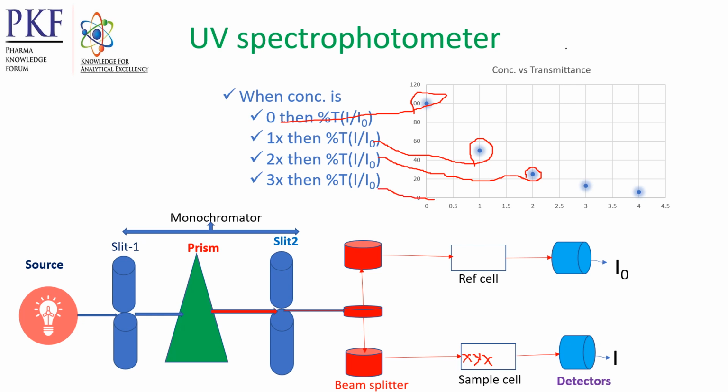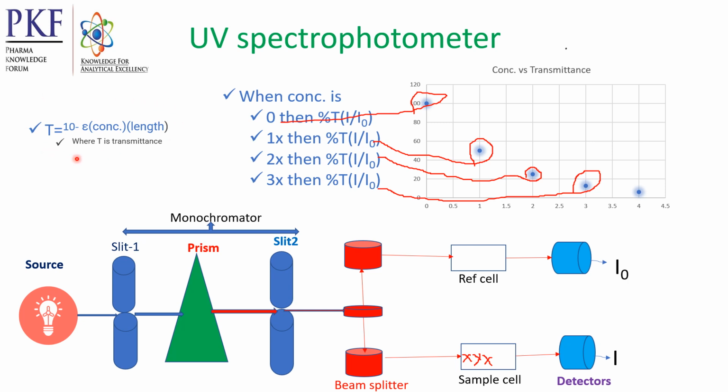Then transmittance decreases further by 50% and it becomes 12.5%. It means on every incremental increase of sample concentration, there is a 50% reduction of transmittance, and it follows the exponential relationship between concentration and transmittance, and it follows the following equation.